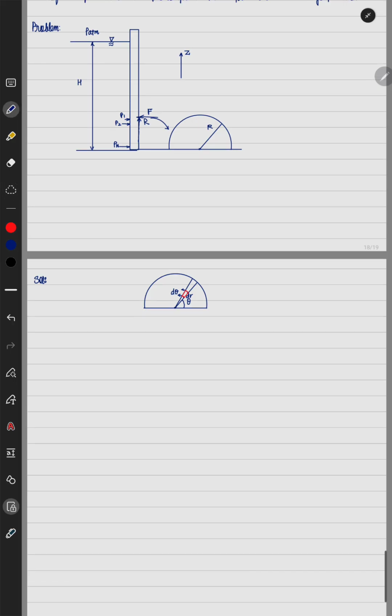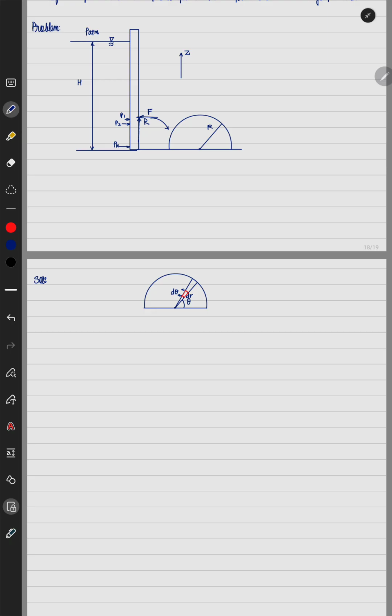Now I want to evaluate at what depth from the top it is located, because if I know the depth from the free surface, I will be able to calculate the pressure at this point.